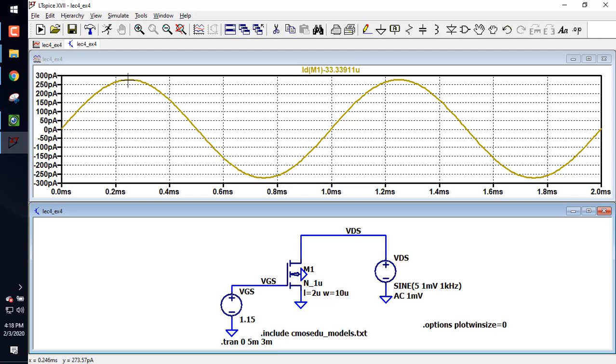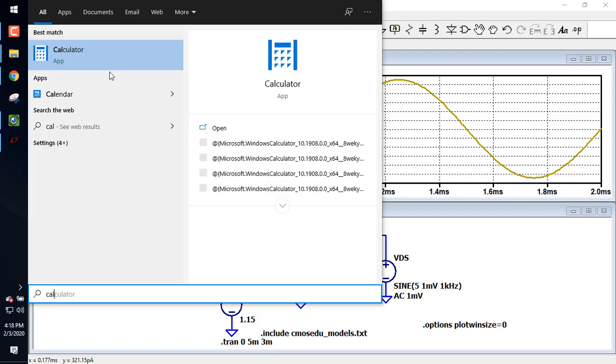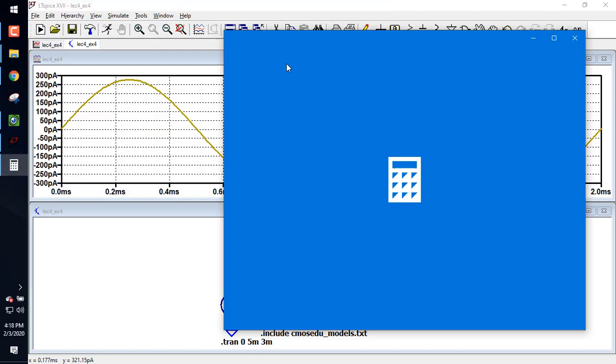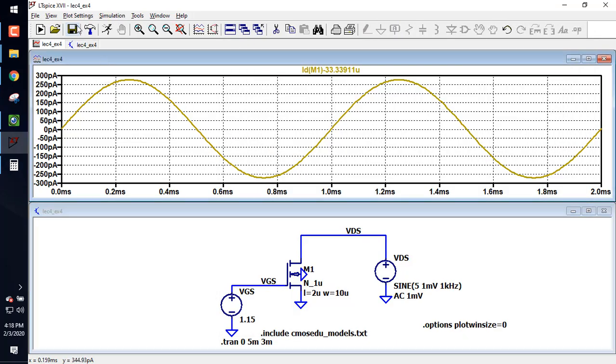peak is 273 pico. And so I'm going to get the calculator out, boom, and do, oh wait, before I do that, can I just take that current and divide it into 1 millivolt, like I did with the AC?